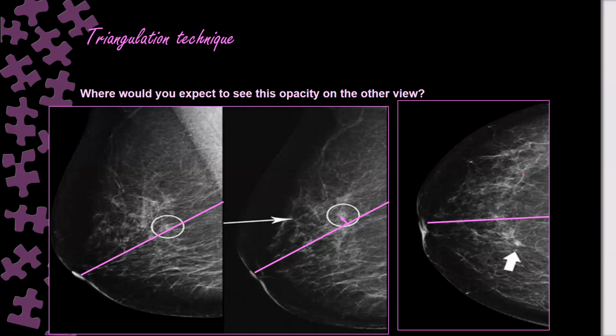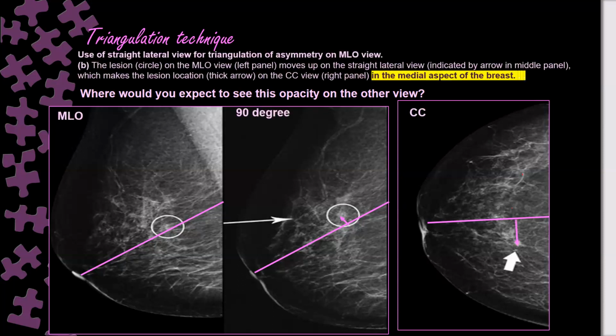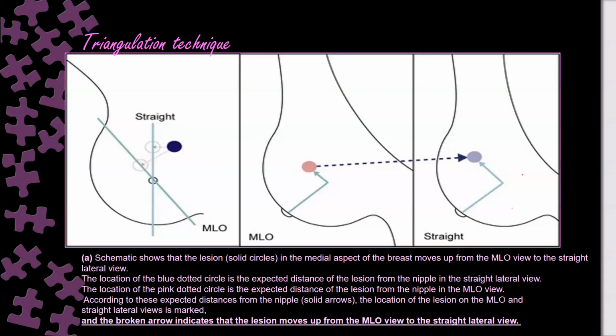I will explain this. If it moves up, that means it is the medially located lesion. If it moves down, that means it is a laterally located lesion. We'll discuss this. Inshallah.